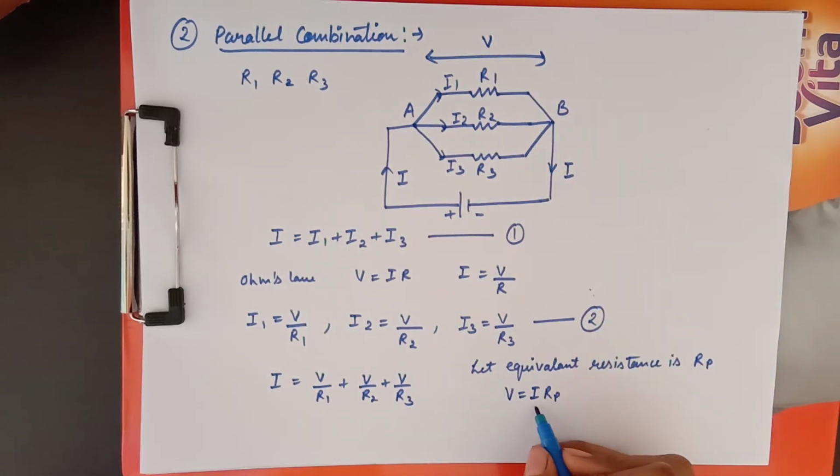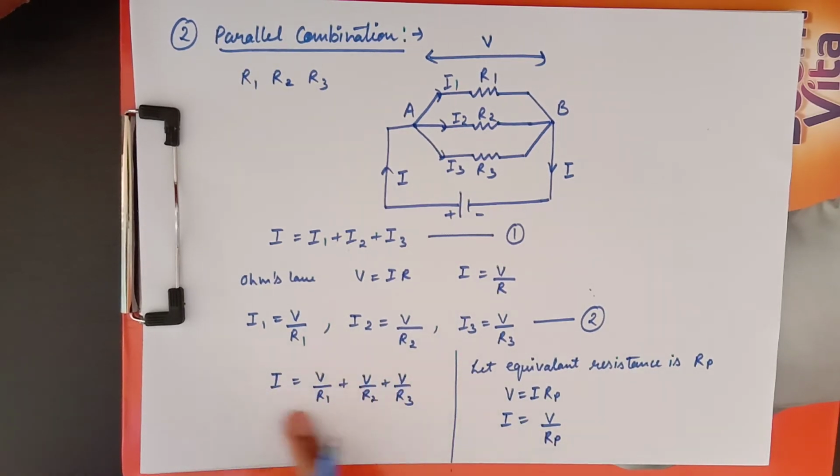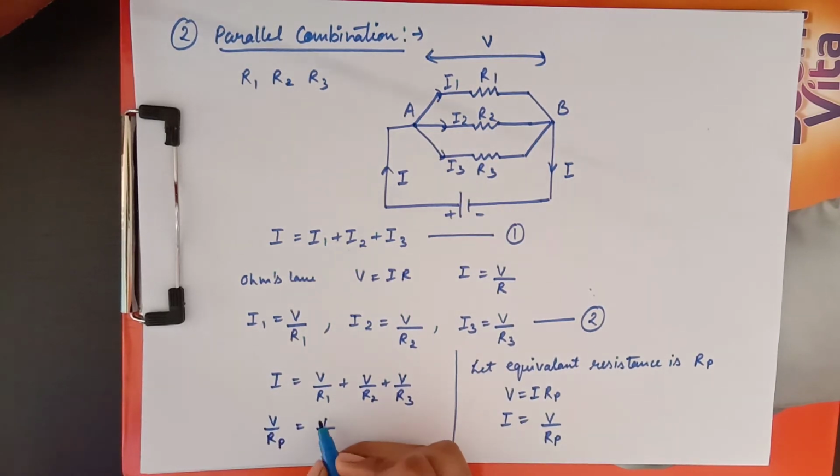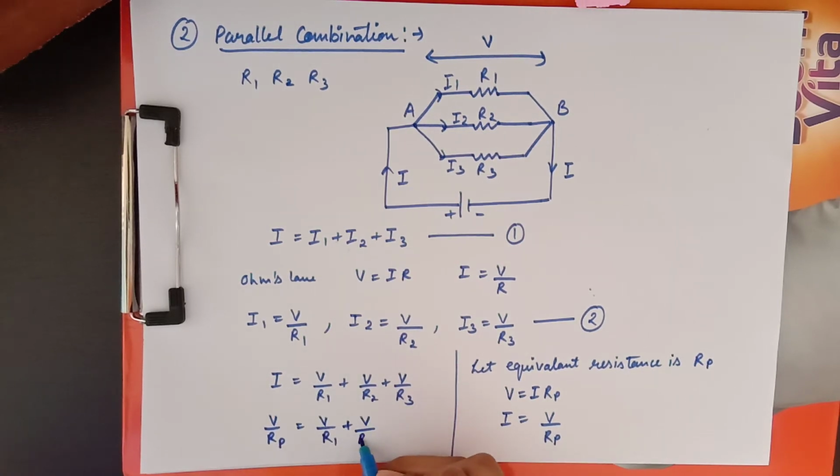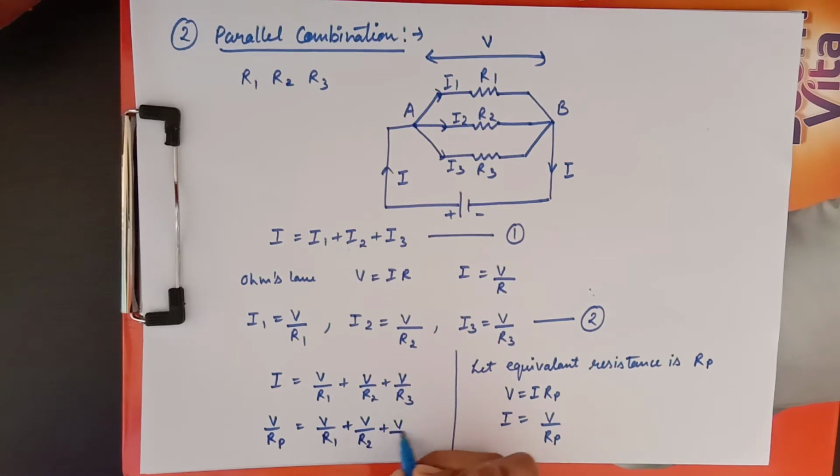From this equation I can be written as V divided by Rp. Now I put the value of I in this equation, and it becomes V divided by Rp is equal to V divided by R1 plus V divided by R2 plus V divided by R3.